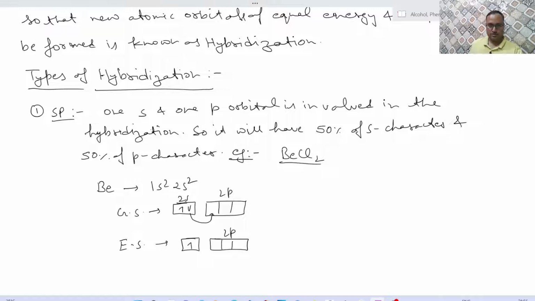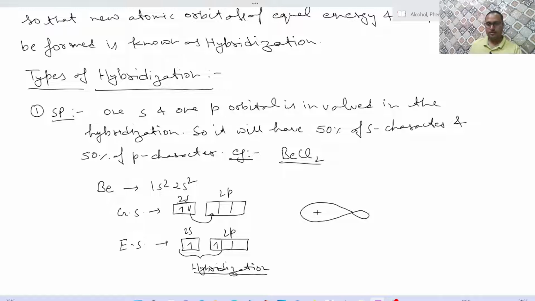So we have one unpaired electron in the 2s orbital and one unpaired electron in the 2p orbital. These two orbitals undergo the process of hybridization and give us two new hybrid orbitals of equal shape and energy, and they could be represented by this.